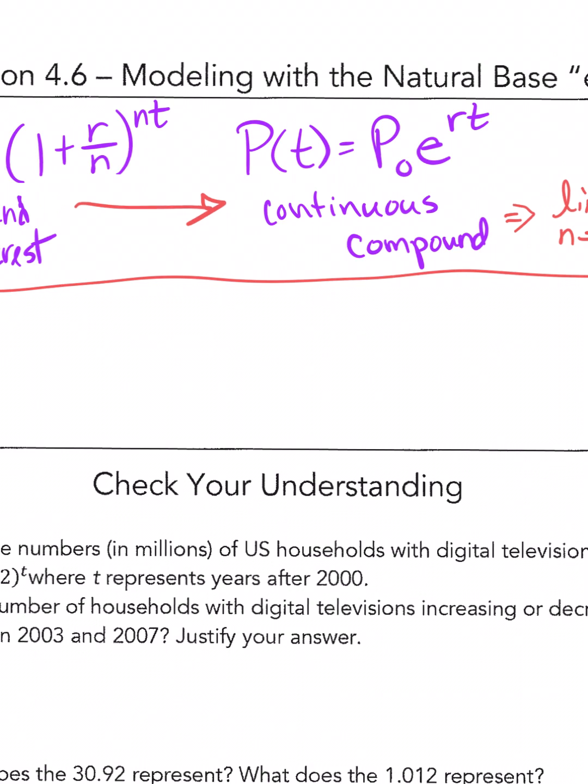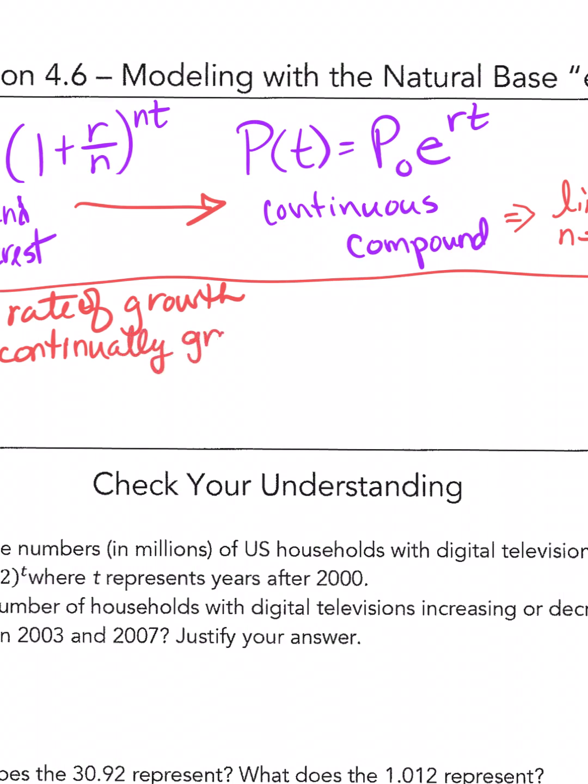Okay? We know what E is. We know E is a natural base rate of growth, and that's for anything that's continually growing. You'll notice on your calculator, you will see the ln button, and e to the x is above that.